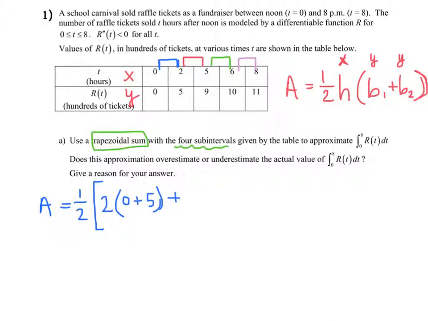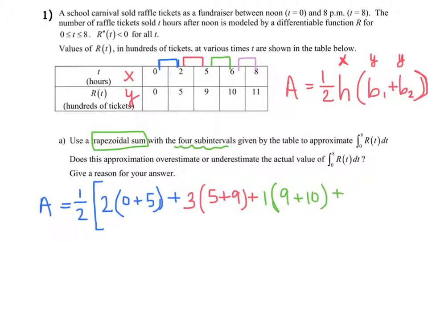Again, what is the height of my trapezoid? It's the difference between the x's, so that would be 3, times my bases, the y values, which are going to be 5 plus 9. Plus, moving on to my next trapezoid, the distance between my x values is 1, and then my bases are 9 and 10.